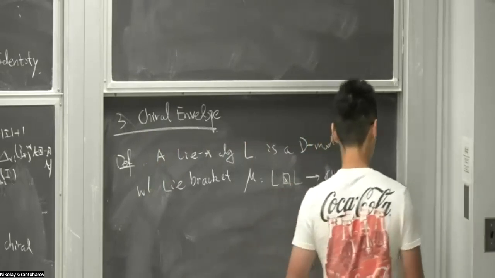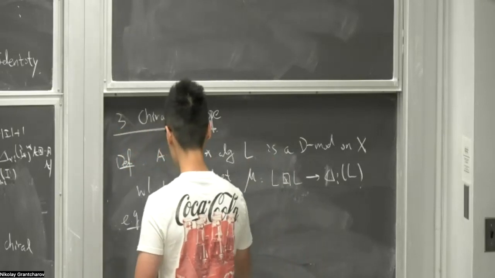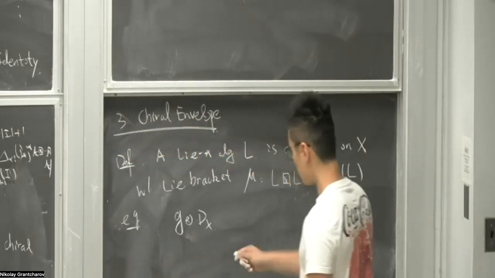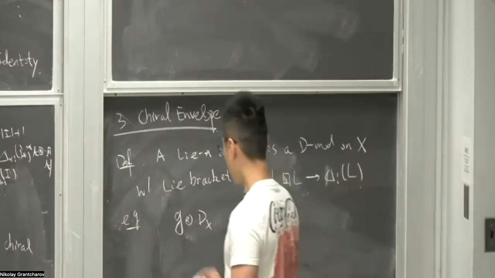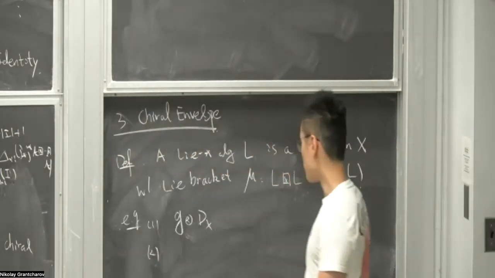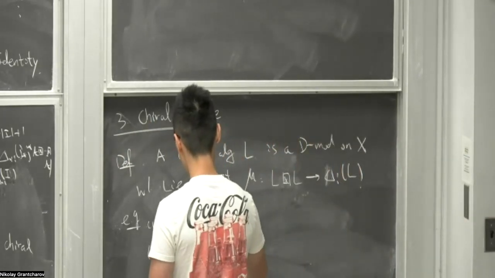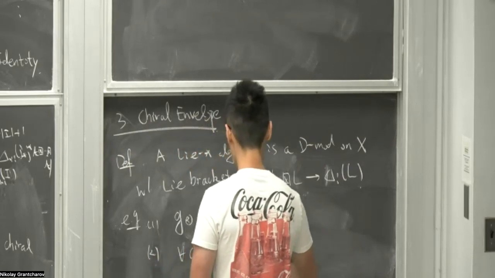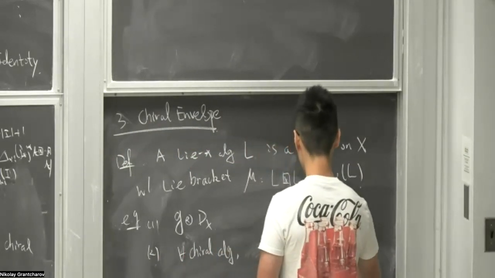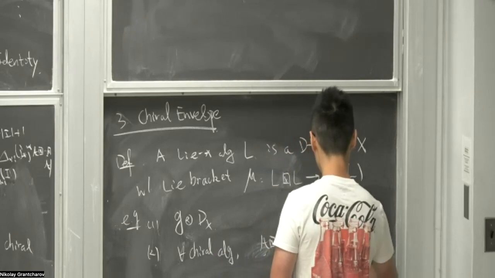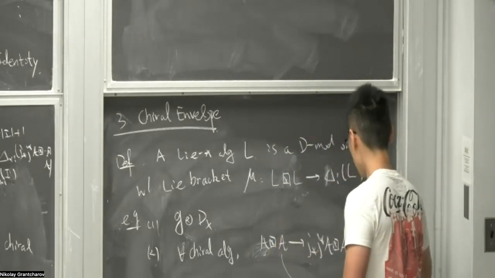So this is smaller than that. Okay. And for example, we'll just be again in the algebra G. But also any chiral algebra, I think that should at least have a Lie algebra structure.